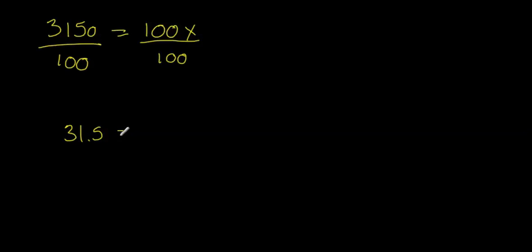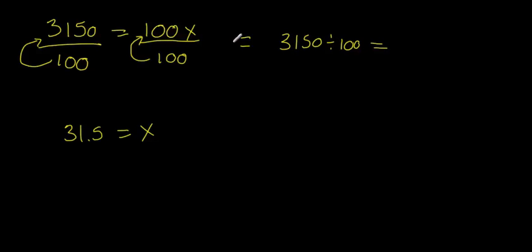31.5 equals x. Okay. Now, if you're not sure how I got that, you can look at it another way. I'm dividing 100 into this number, just like I'm dividing 100 into this number. If I rewrote that the long way, it would be the same thing as saying 3,150 divided by 100 equals 100x divided by 100.